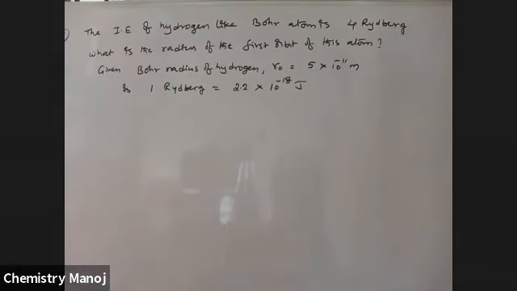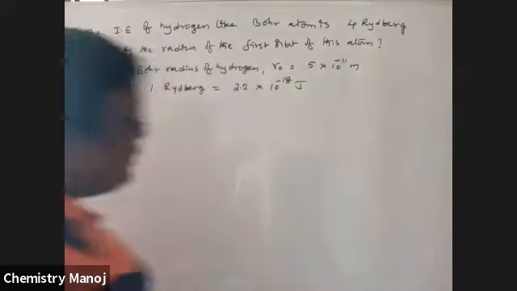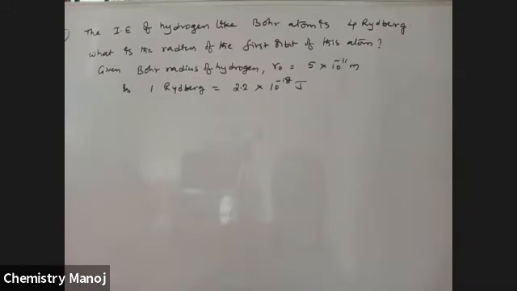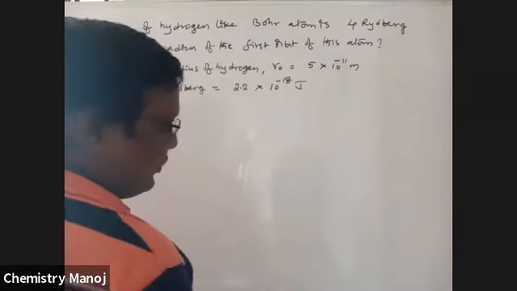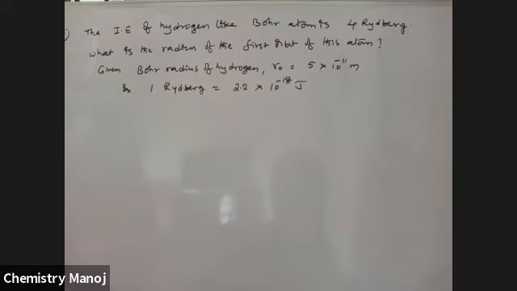So those are the values given to you. Find out the radius of the first orbit, R1. You want to calculate R1 only.